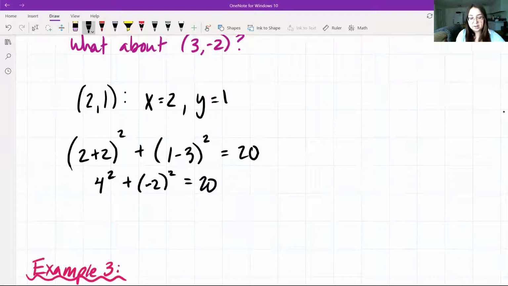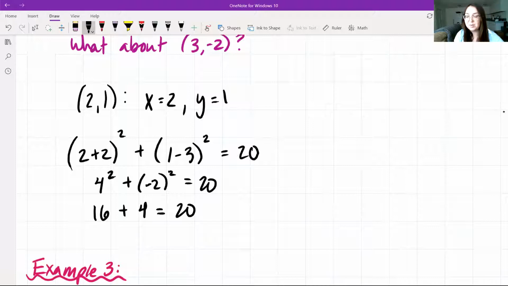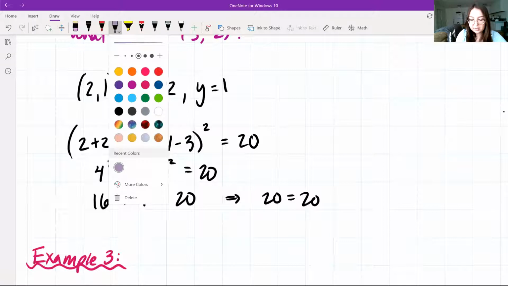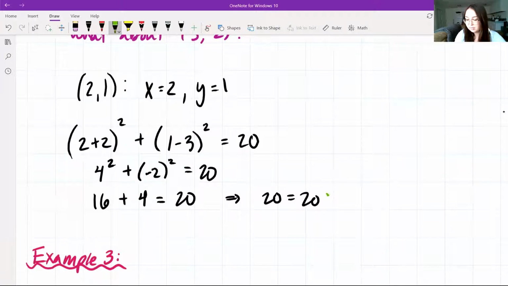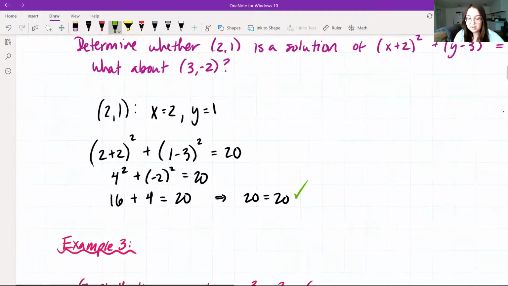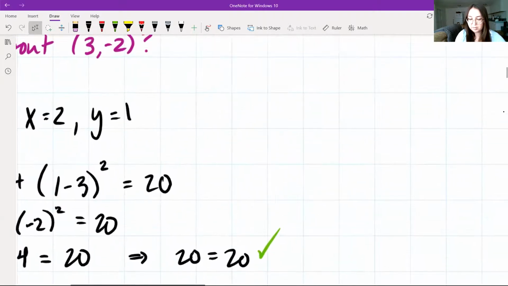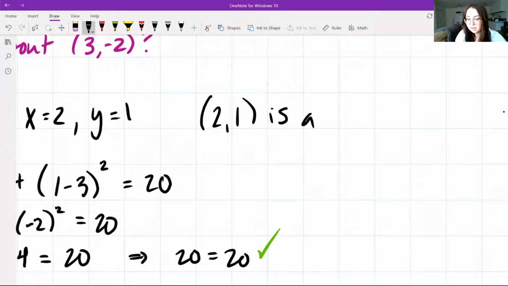So 4 squared is going to be equal to 16. -2 squared is going to be equal to 4. And that is all going to be equal to 20. We see that 16 plus 4 is equal to 20. So we have confirmed 20 is equal to 20. So (2, 1) is a solution. I'm going to write it right up here. (2, 1) is a solution.